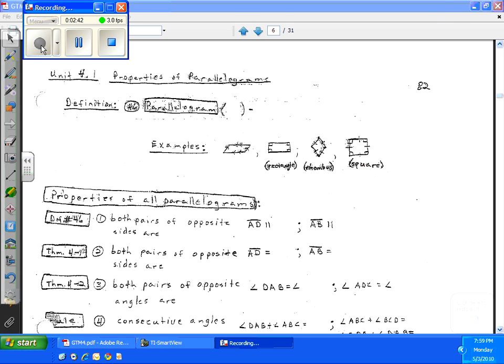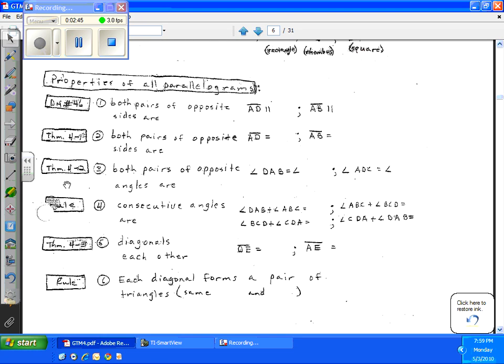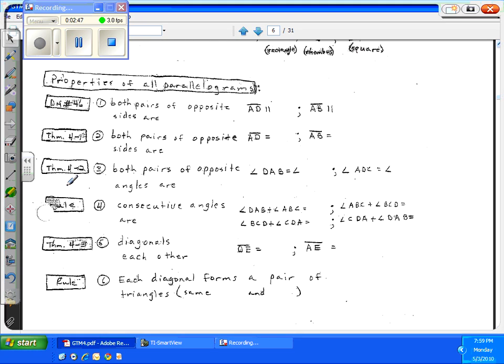Properties of all parallelograms, be they whomper-jawed rectangles or rectangles, rhombuses, or squares. Both pairs of opposite sides are parallel.